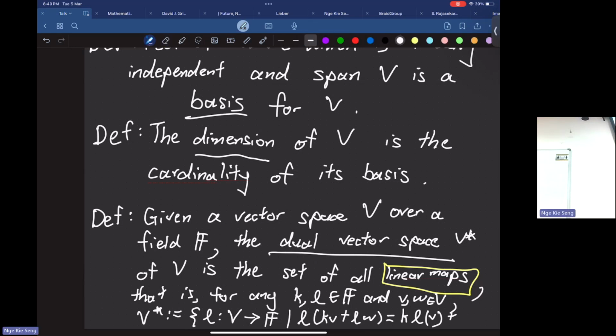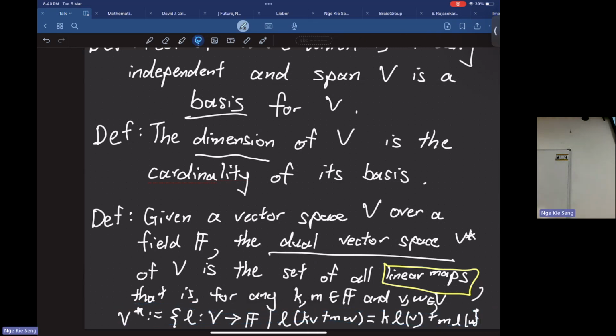I have a double notation here, so let me change this L to M.